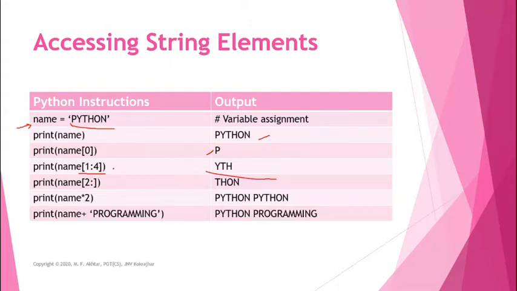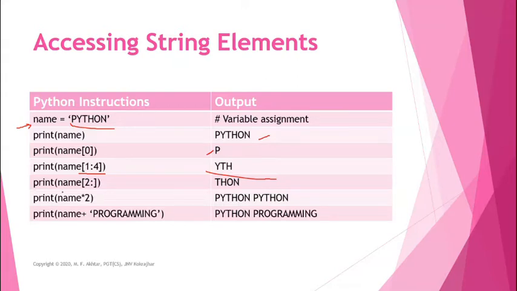Because we have given the first index 1 and the last index 4, it displays up to 1 less than the last index. We gave 4, so it displays up to 3, that is the letters at index 1, 2 and 3.